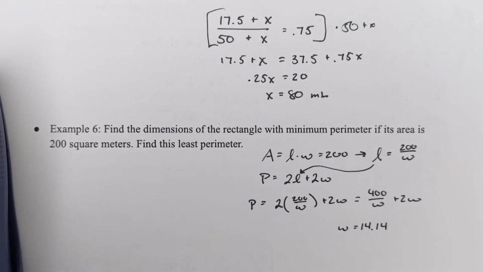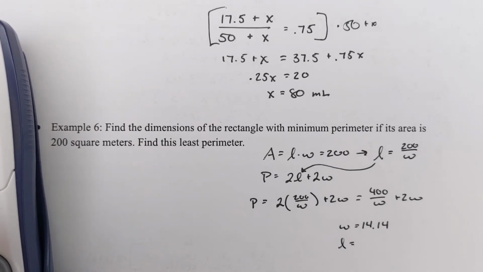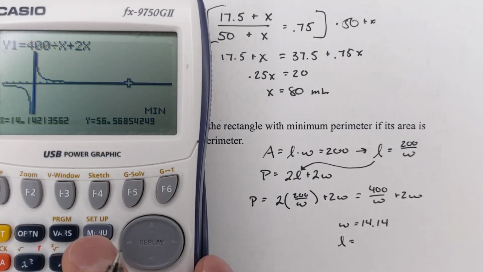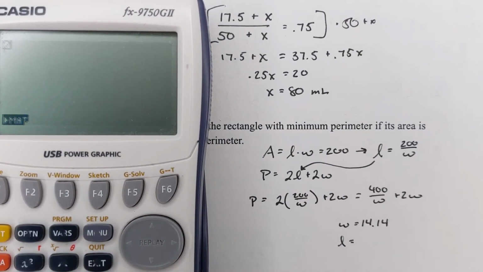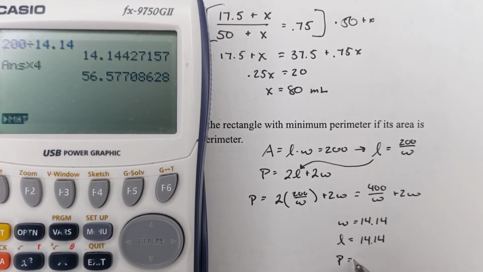Find this least perimeter. So the length, if length is 200 divided by W, so 200 divided by 14.14, is 14.14, so the perimeter is that number times 4, so the perimeter is 56.58.